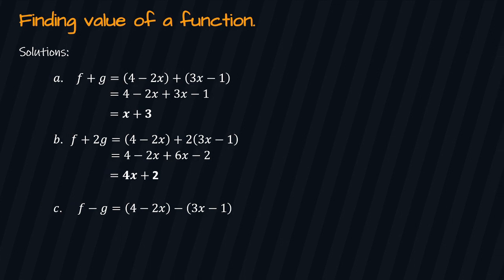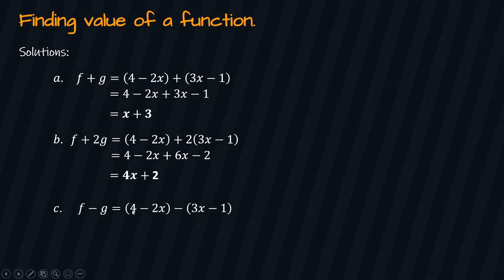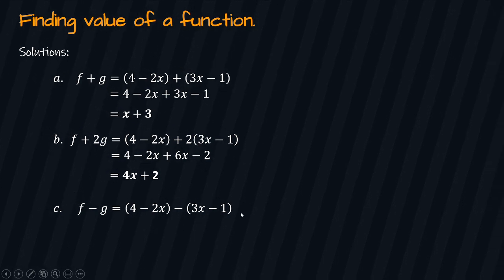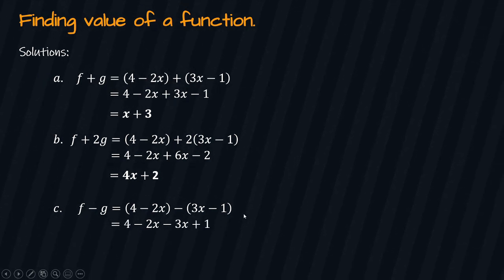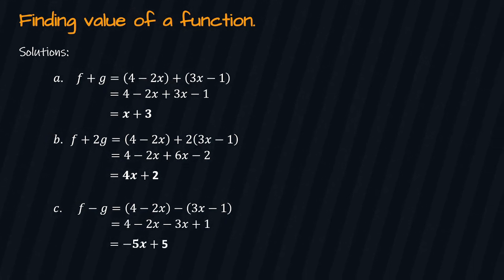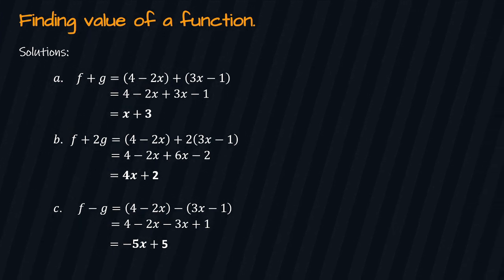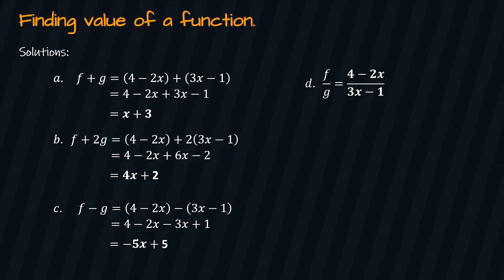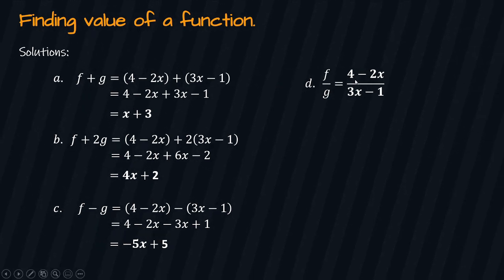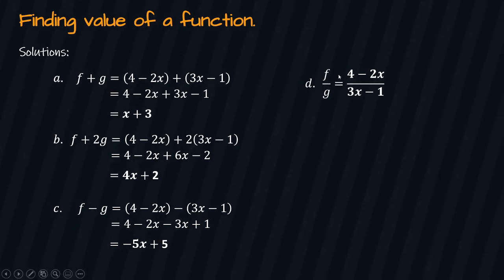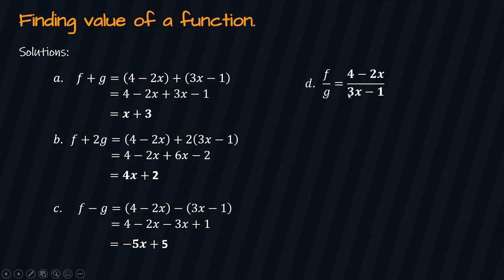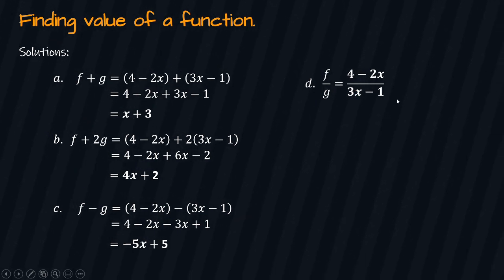For f minus g, we have 4 minus 2x minus the quantity 3x minus 1. Simplifying, therefore, f minus g is equal to negative 5x plus 5. Then for f divided by g, we just directly substitute the values of f of x and g of x, which is 4 minus 2x over 3x minus 1.